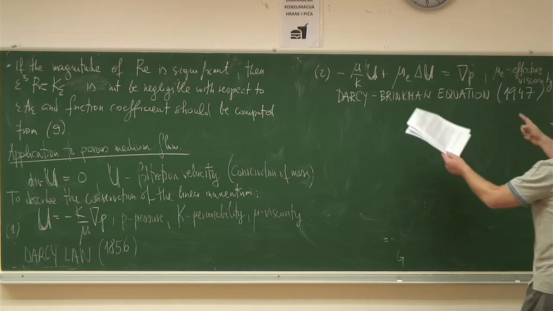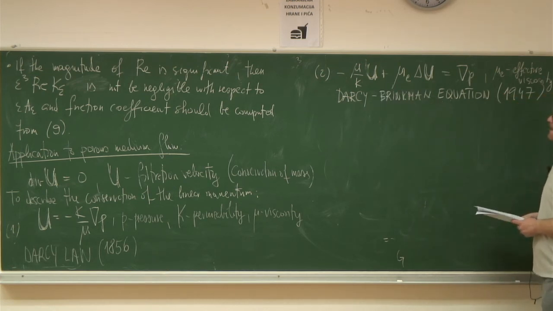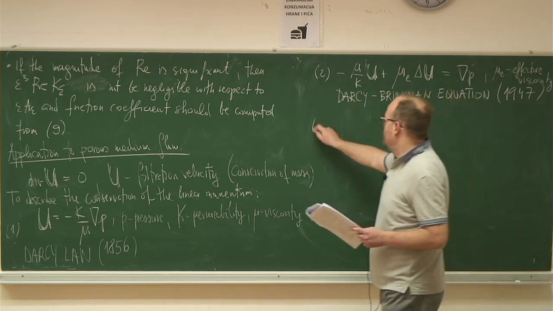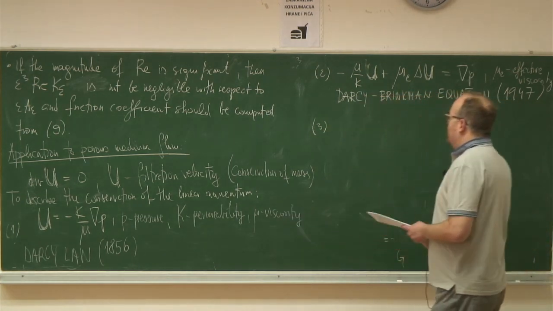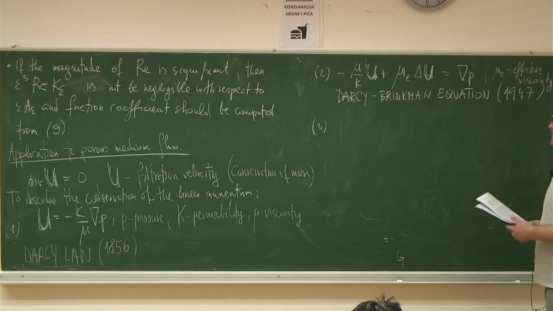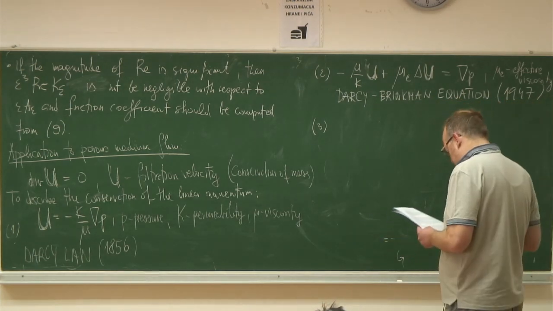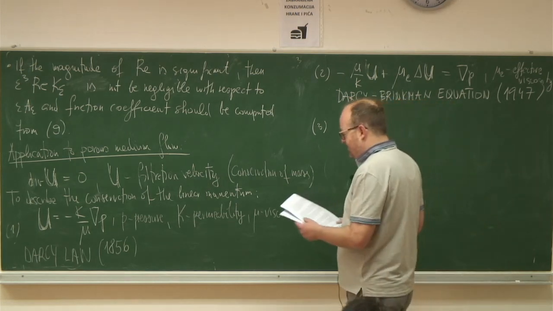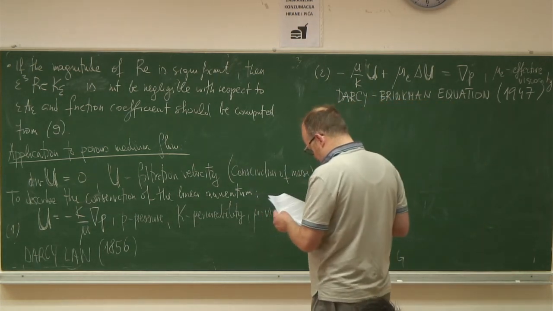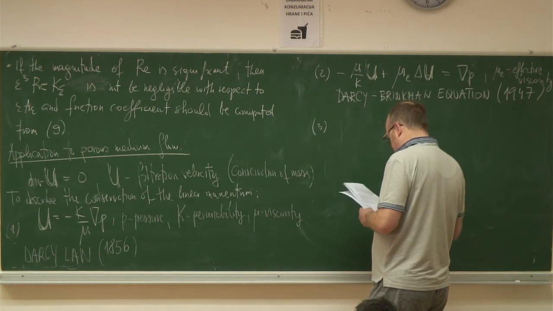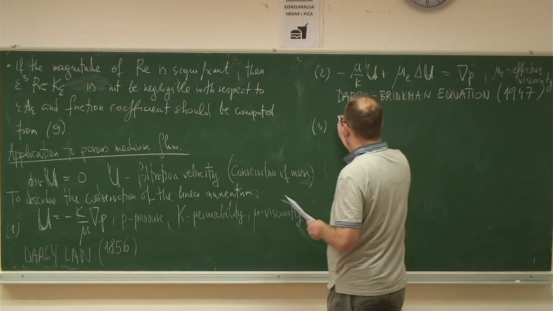However, you can see here that inertia effects are neglected. So if one wants to consider the inertia effects as well in the porous medium flow, then the momentum equation can be considered as the following.